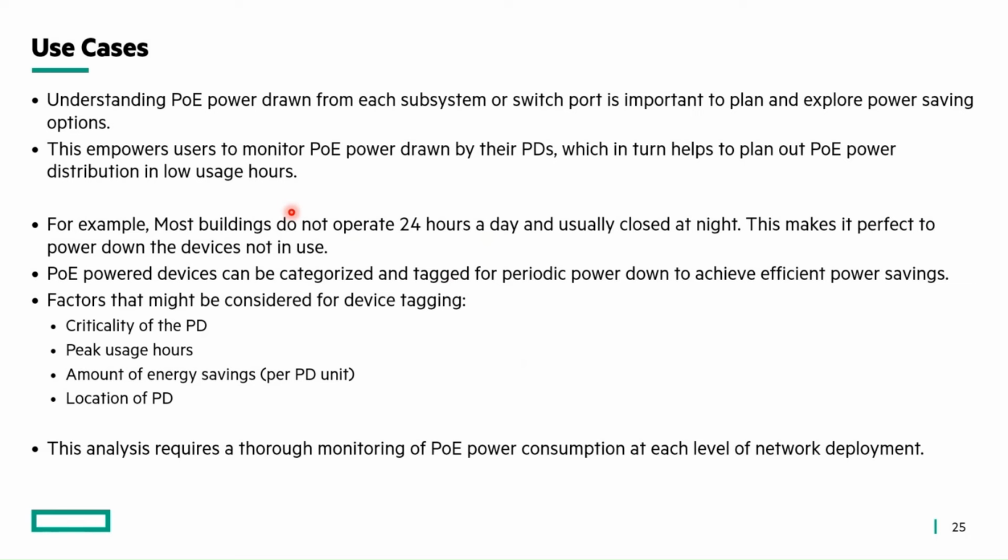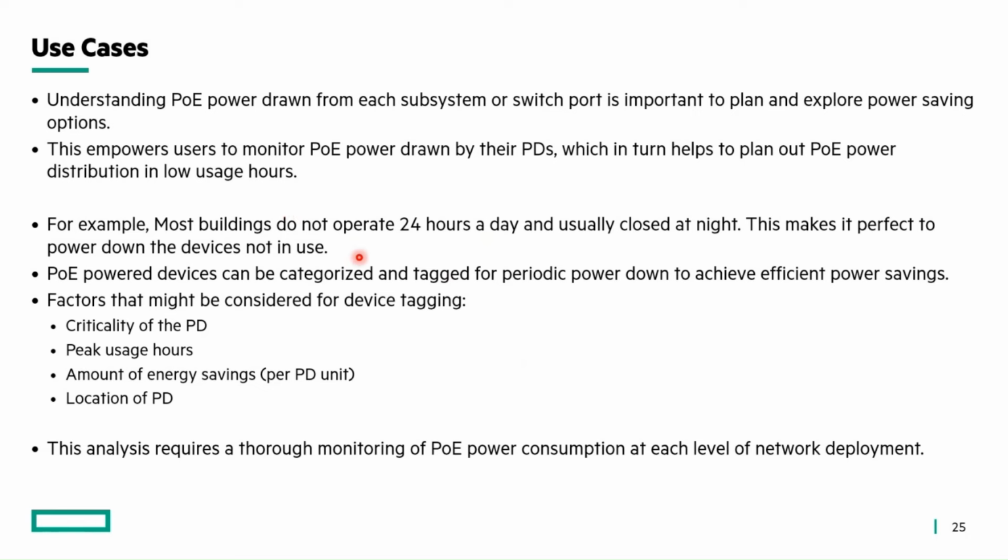Now, let's take an example. Consider that most of the buildings in the current world do not operate 24 hours a day and are usually closed at night. Considering this fact, it makes sense to power down the powered devices which are not in use, especially during the time when the buildings are non-operable.